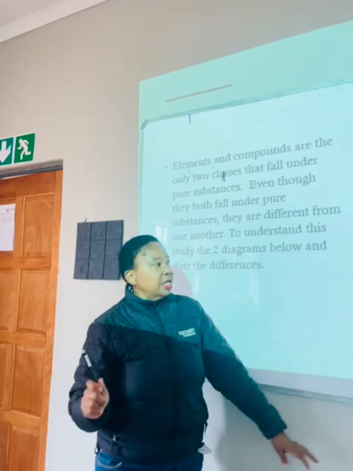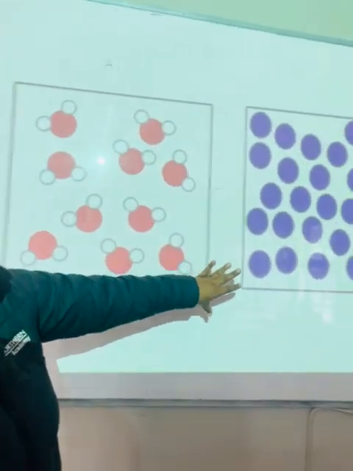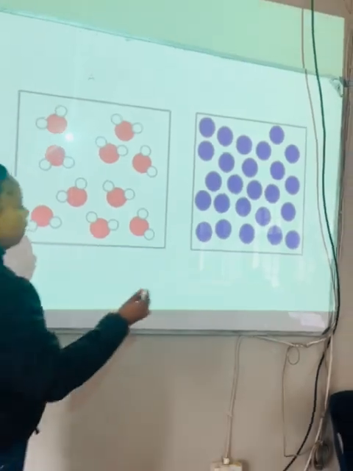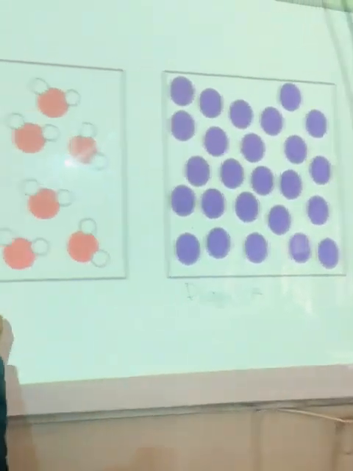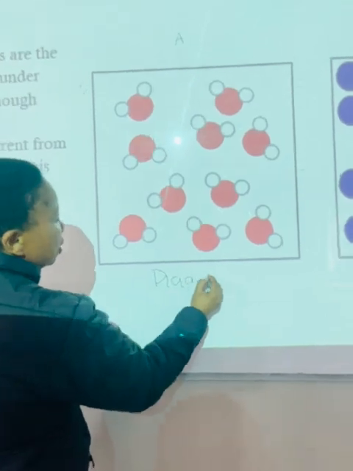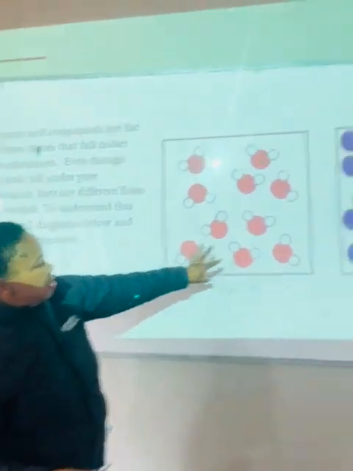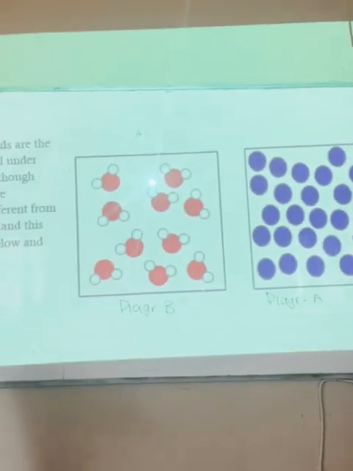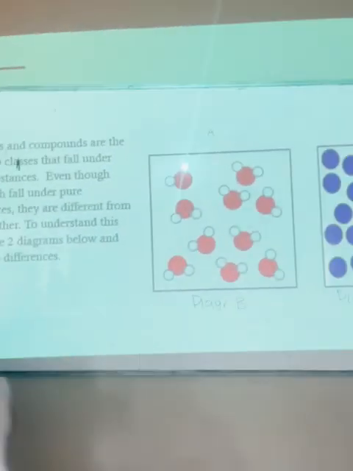To do this, we are going to look at these two diagrams here, diagram A and diagram B. So I want you to study diagram A and diagram B and tell me what differences you see.